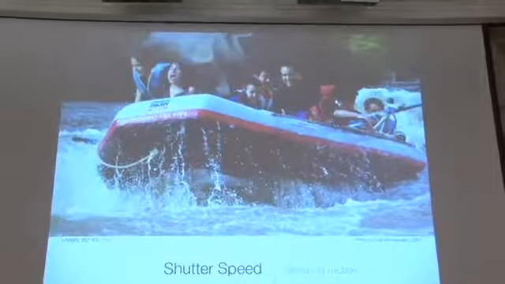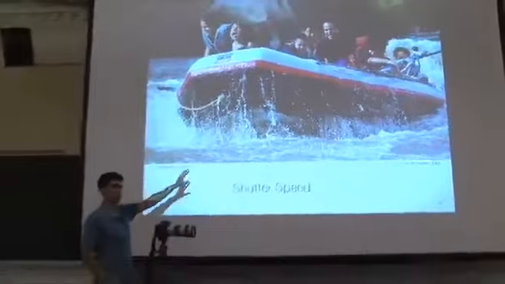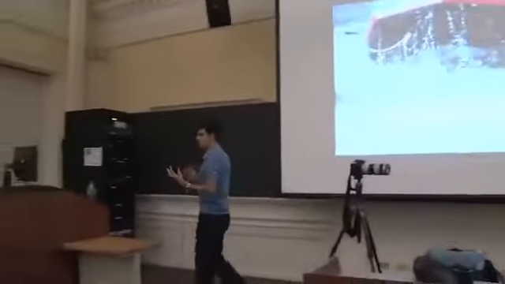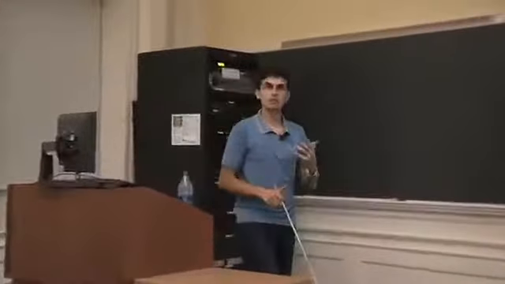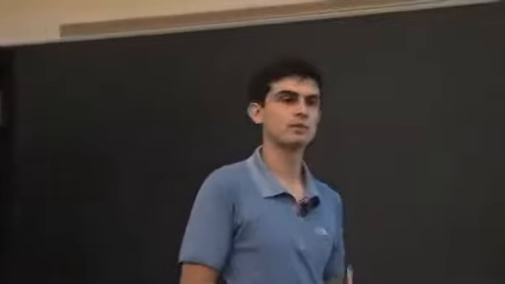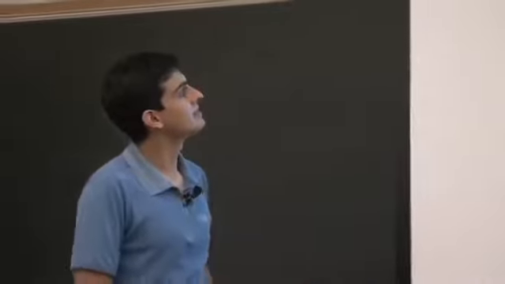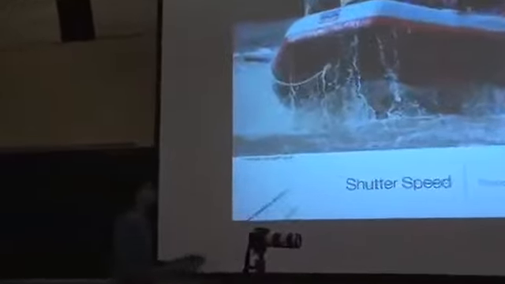So although I've shown you a lot of photos where motion blur has been mixed into it, a lot of times you actually want to eliminate motion blur as much as possible. And that means having a lot of light and having a very fast shutter speed. In this case, this was one at 1/1000th of a second, and it was fast enough to actually capture droplets of water that are falling off of the raft.